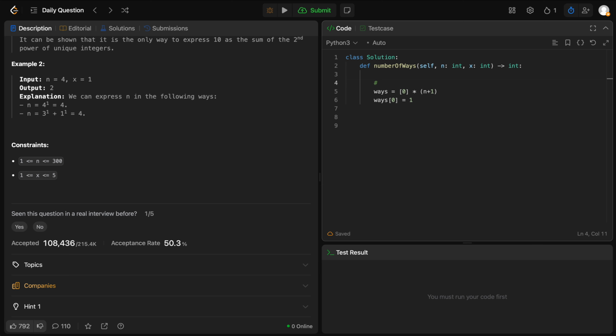So ways of, let's call it I, number of ways we can get I using, let's call it j as highest integer.